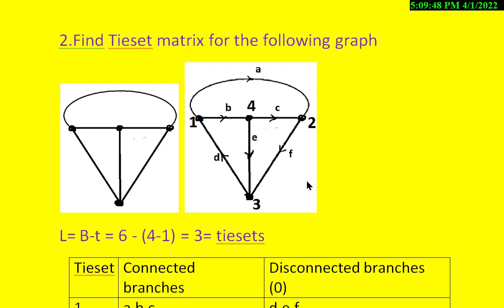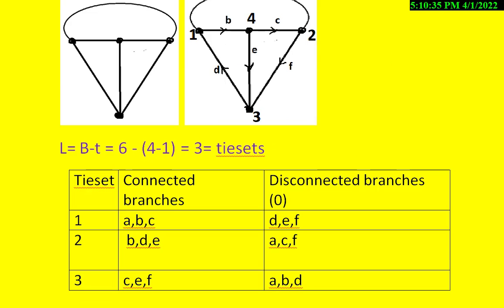After this, find out the number of tie sets possible. That we get by knowing the total number of branches. So here the total number of branches is 6, and from that subtract the total number of twigs possible.